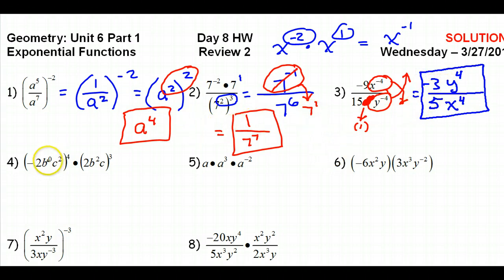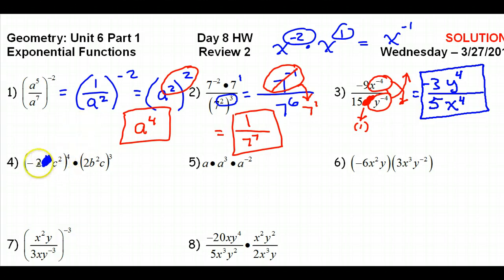Looking at number 4, again, anything to the 0 power is 1, which basically means getting rid of that. It's not there at all. I mean, it's a 1, but multiplying by 1 doesn't change anything.